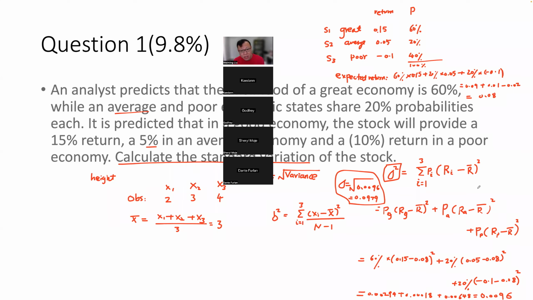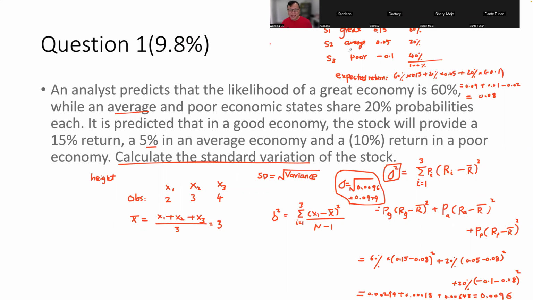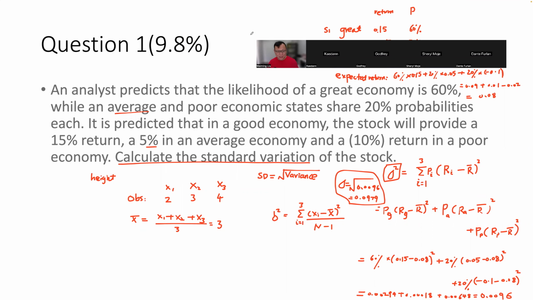The standard deviation is the square root of the variance. Okay, good. Can I move on? Give me a thumbs up if I can move on. Okay, good. So that's this question, right? You have to know how to do this, right? You have to know. I guarantee that there are going to be questions like this.